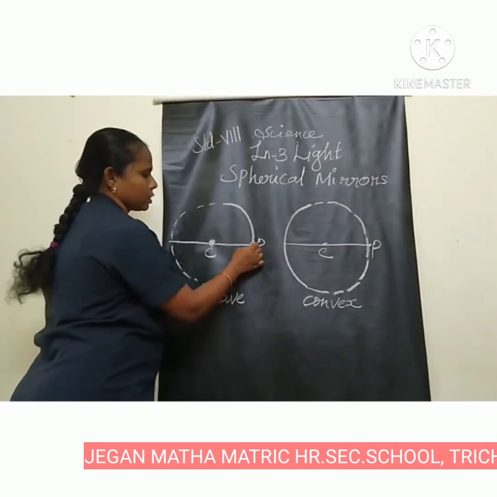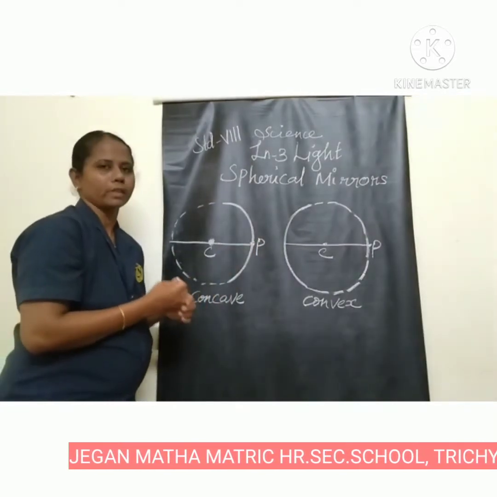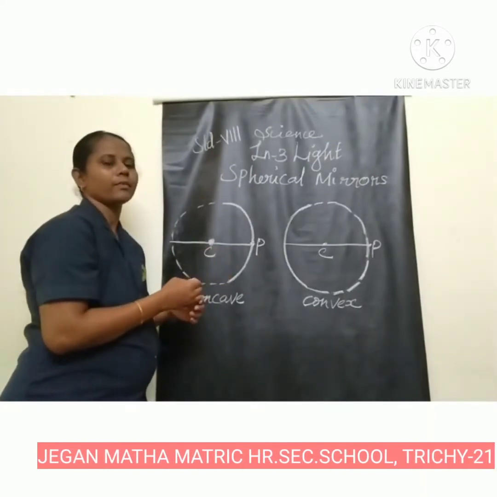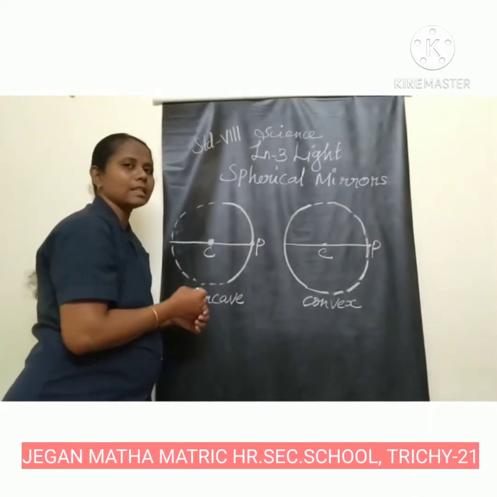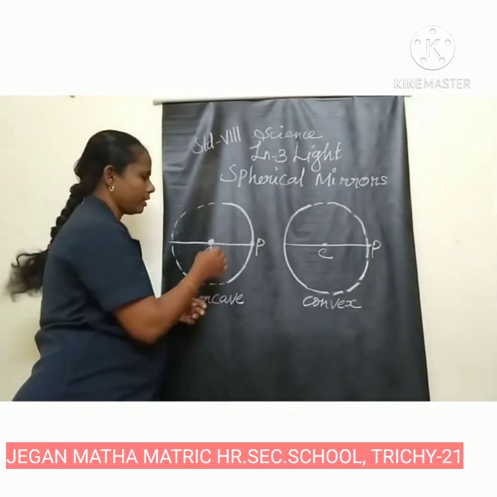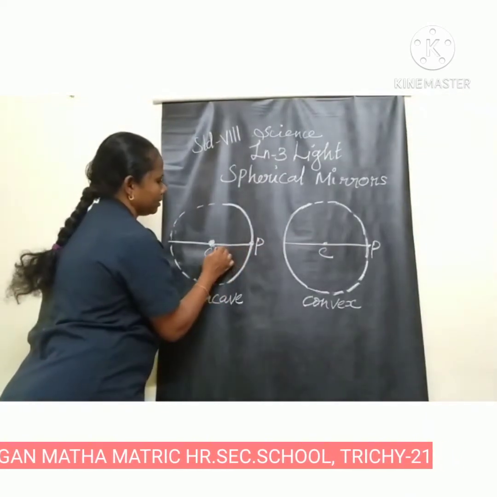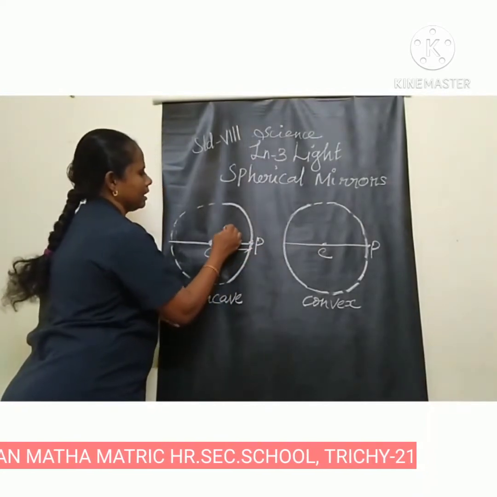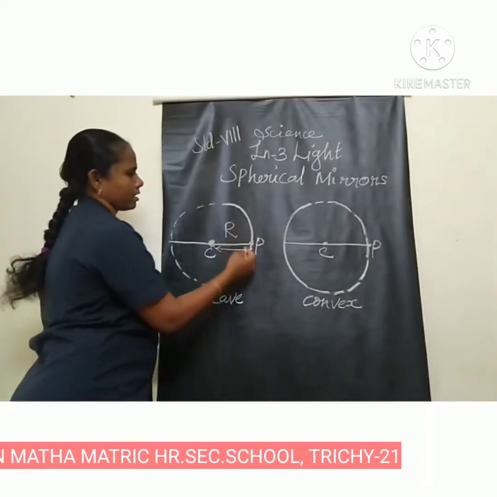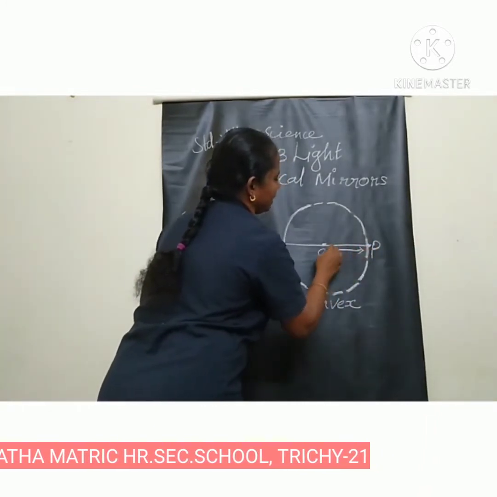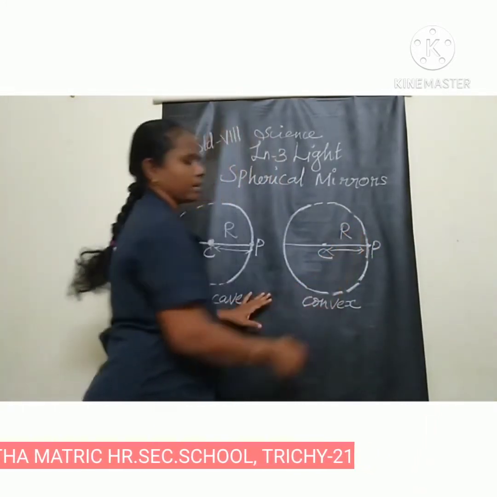This distance is known as the radius of curvature. Once again, the radius of curvature means the distance between the center of the sphere and the vertex. This is known as the radius of curvature R.